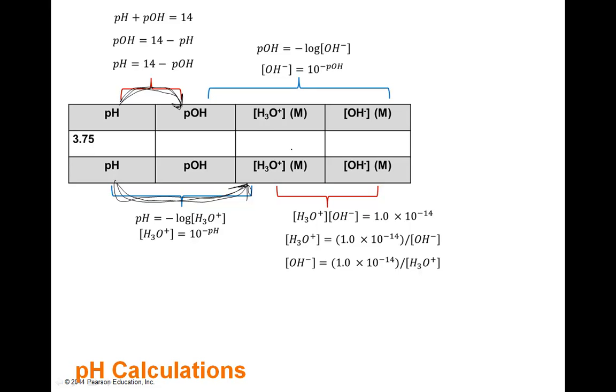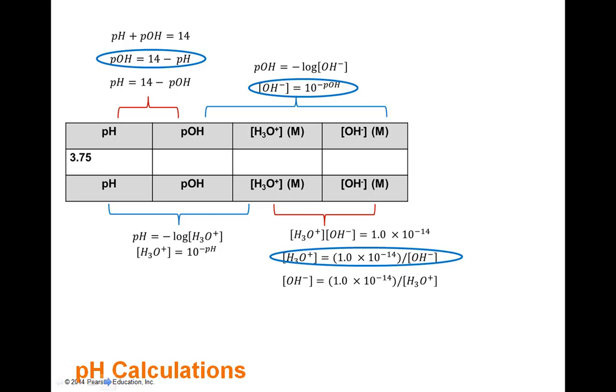Whenever I'm going to solve these types of problems, I first ask myself, what can I figure out based on my known information? And then do that, figure out if I can figure anything else out, and it's more of a stepwise manner. So let's do this one. So I said I want to use all of these equations to help figure out the thing. So first off, I can use pH to figure out pOH, because pOH equals 14 minus our pH.